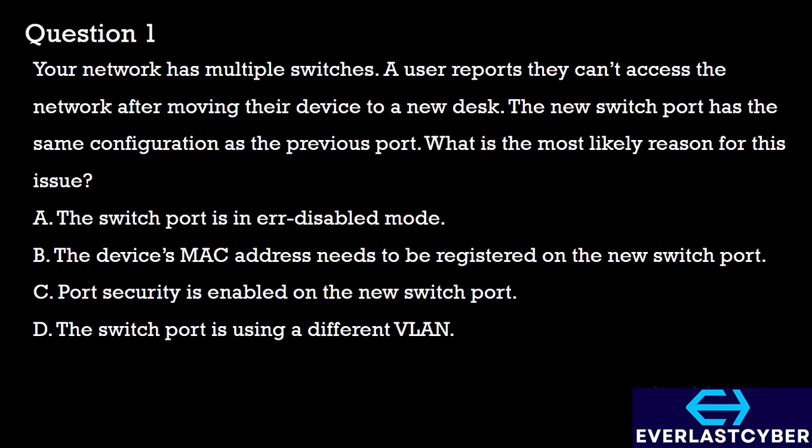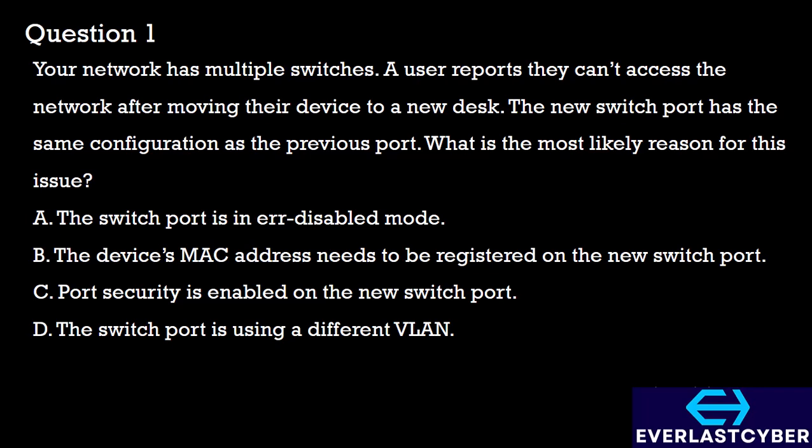Now, when a user moves their device to a new desk and plugs it into a different switch port, it's likely that there will be a VLAN mismatch. But let's just go through the options from the first to the last. For option A, if the switch port is in err-disabled mode, the switch port would be completely down, but this is a different kind of issue from the scenario given.